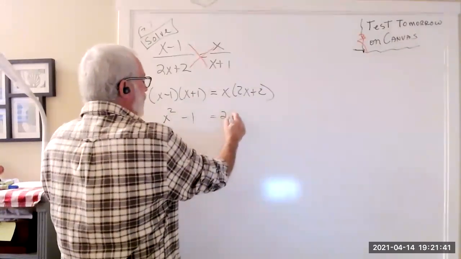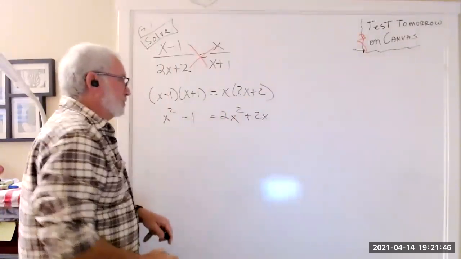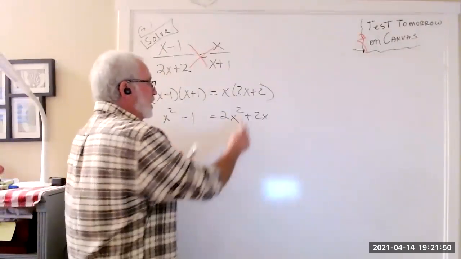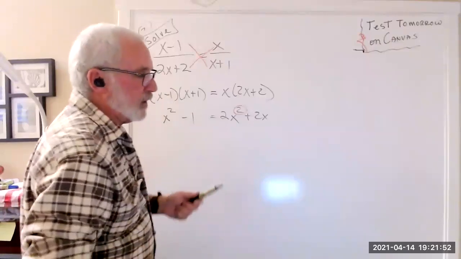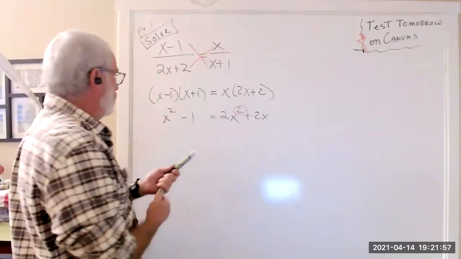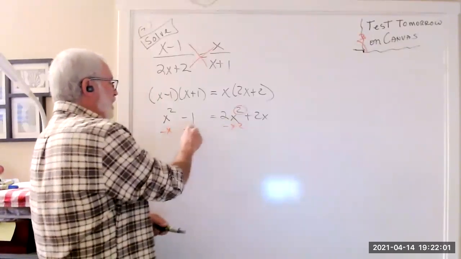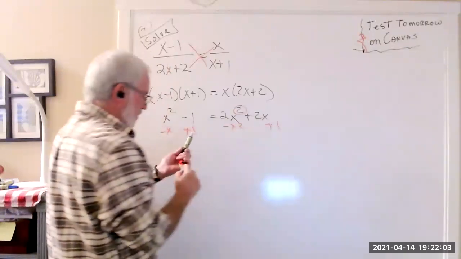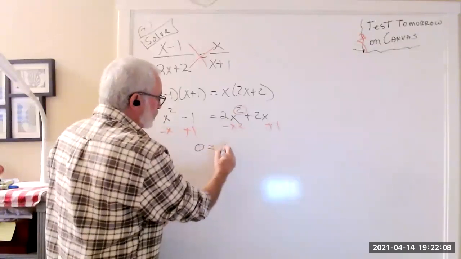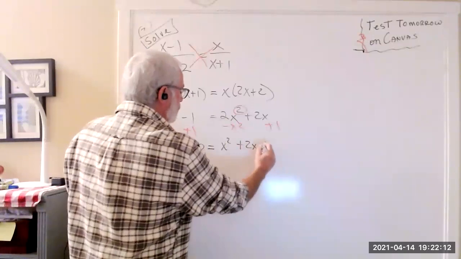This is 2x squared plus 2x. Because it's a power of 2, that tells us automatically it's quadratic. We must make it equal 0. Okay, so we take away x squared from both sides, add 1 to both sides, and we get 0 equals x squared plus 2x plus 1.